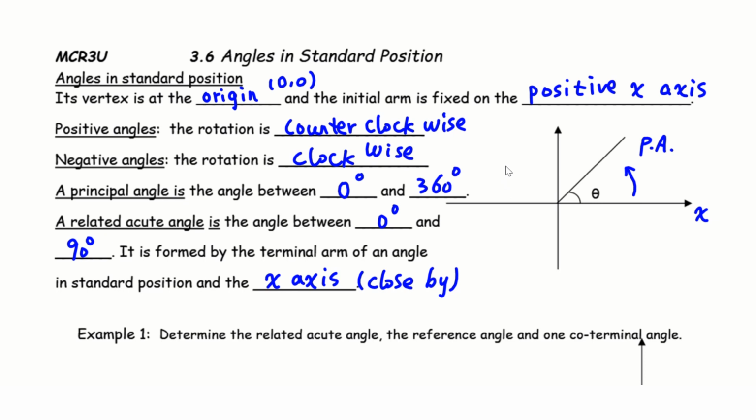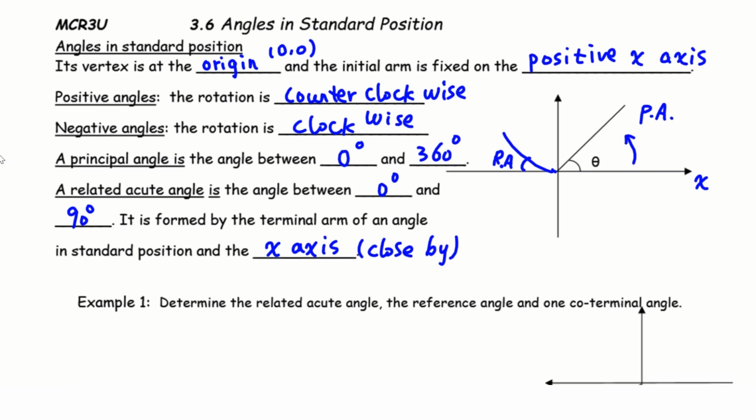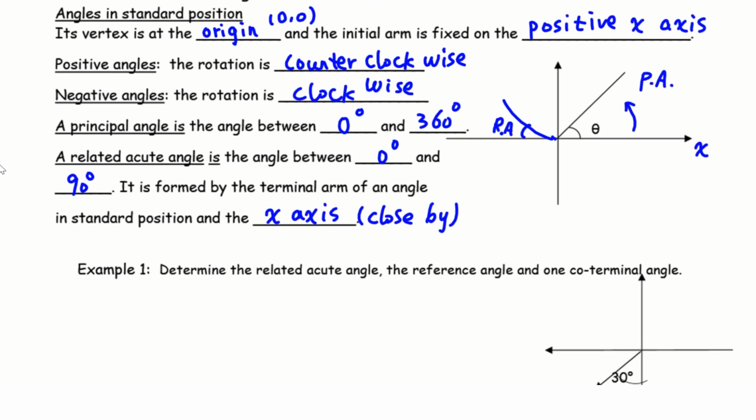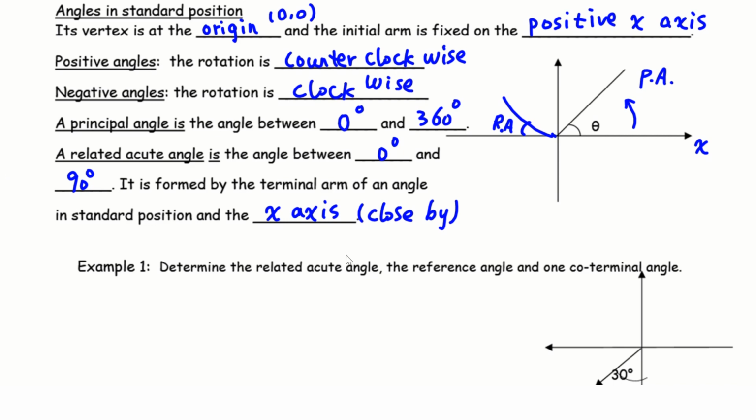If we have another one, where the terminal arm is here, then the related acute angle will be here, with the close-by x-axis. Now we are going to see, based on the definition of these terms, how to find the related acute angle. Reference angle is the same as related acute angle.